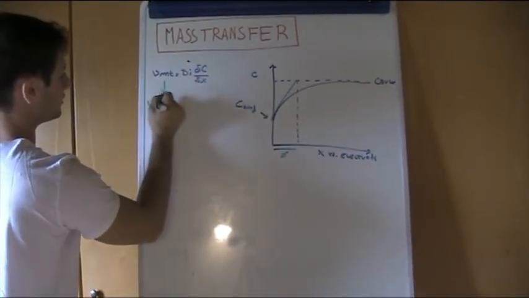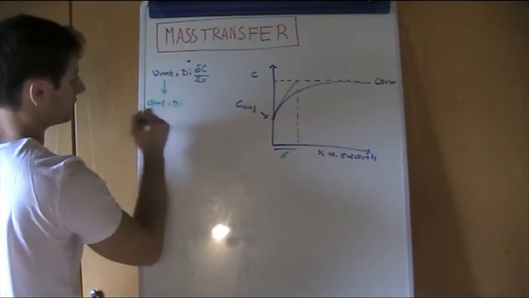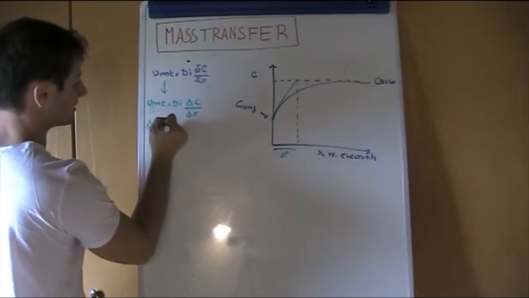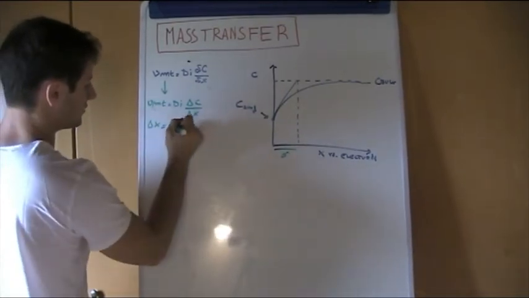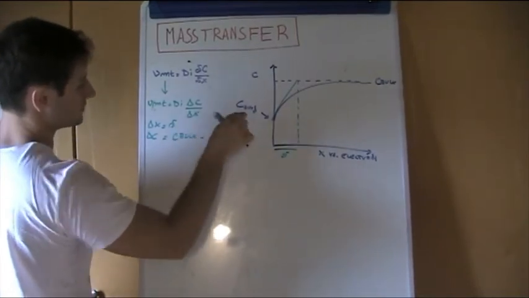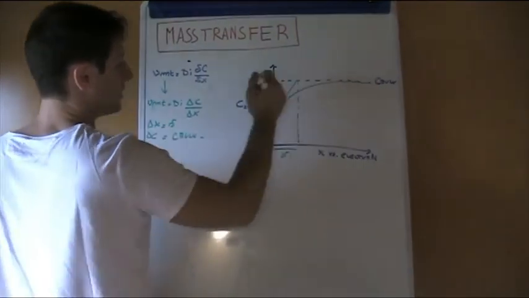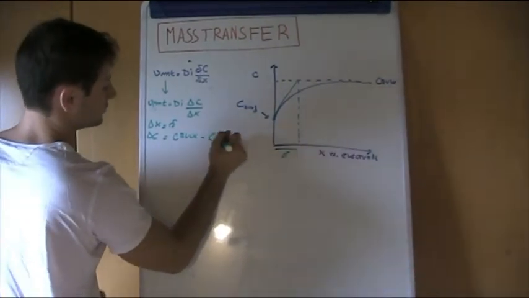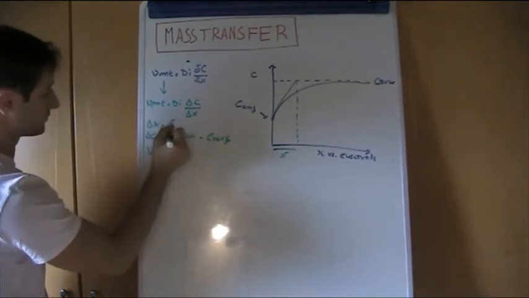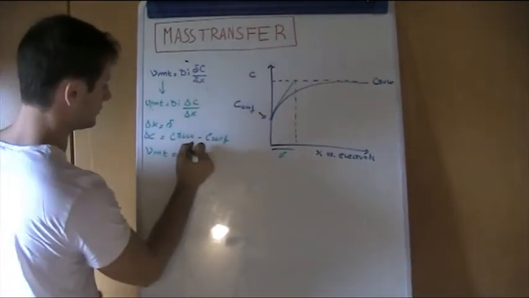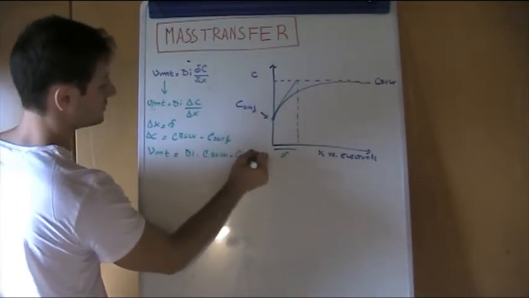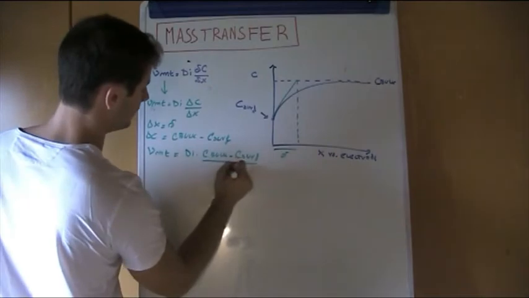So this is equal to D times delta C over delta X, but delta X is basically this one, and delta C is C bulk minus C on the surface. And so we can say that the mass transfer rate is equal to D times C bulk minus C surface, over the Nernst diffusion layer.